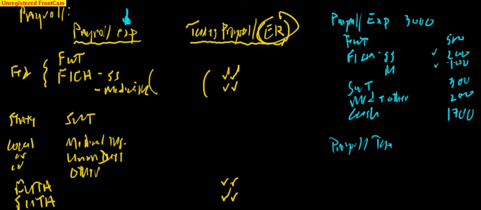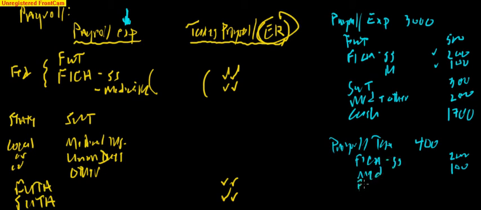So it's going to be 300, and let's just add another 100. So let's say it's 400. What are we going to credit? We're going to credit FICA payable for what? 200 for Social Security, and 100 for Medicare. This is the Social Security, that's the Medicare piece.